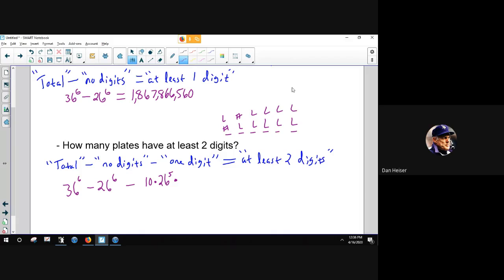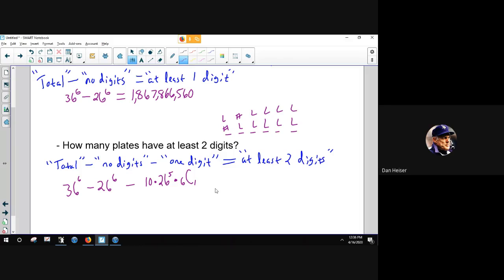I have 6 positions to choose from. I want one of those positions to be a digit. 6 spots the digit could be, I want it in one of them. So this accounts for all the possibilities.